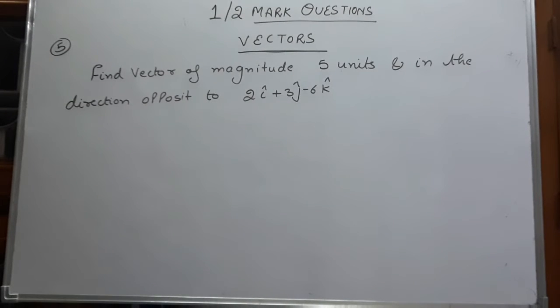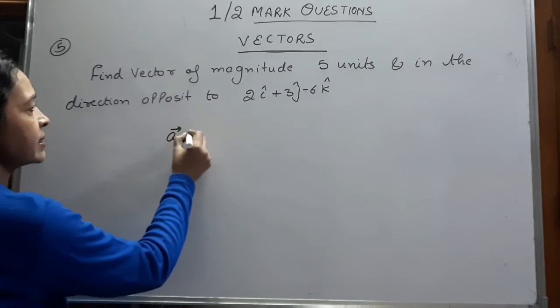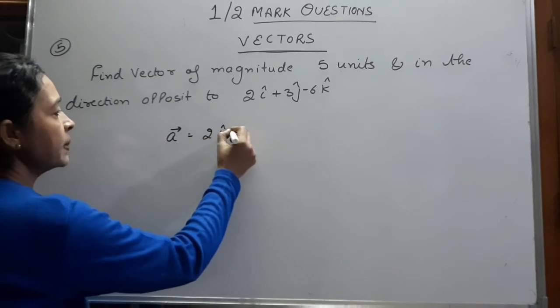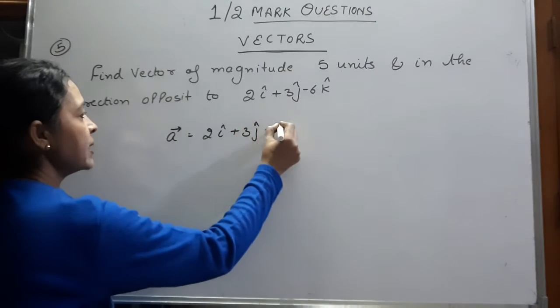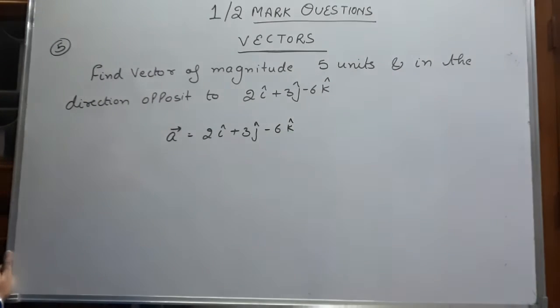Find a vector of magnitude 5 units and in the direction opposite to the vector 2i cap plus 3j cap minus 6k cap. Let us have vector A as 2i cap plus 3j cap minus 6k cap. We have to find the vector of magnitude 5 units.